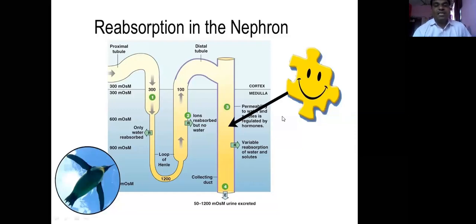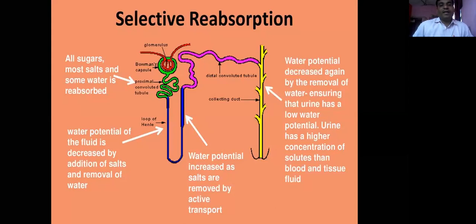In the PCT, the permeability to water as well as salt is regulated by hormones. Hormones are also very essential in the process of reabsorption in the nephron.